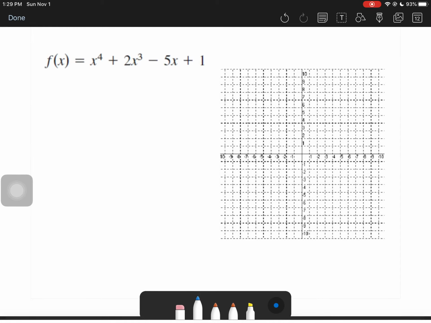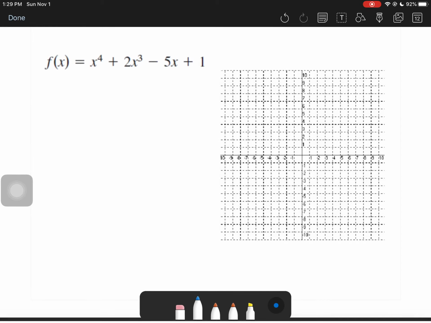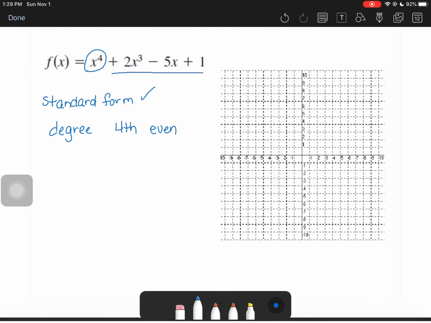We're going to graph this function. So as we graph this function, first of all, we check if we are correct in standard form, and we are. Then we need to check the degree. It is to the 4th degree, which is even. The leading coefficient is positive.